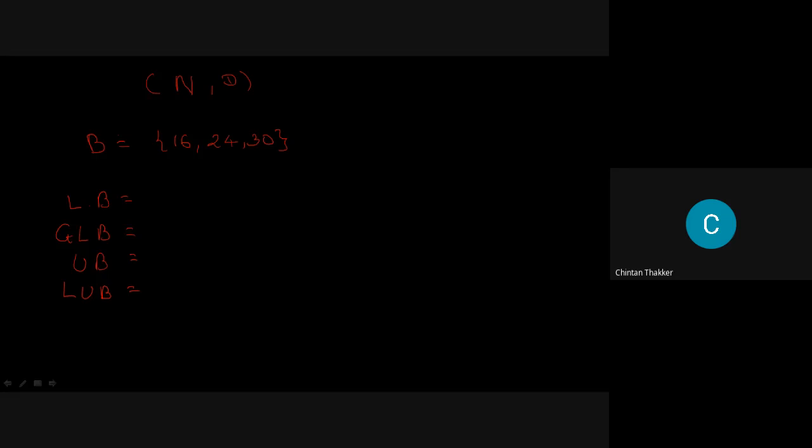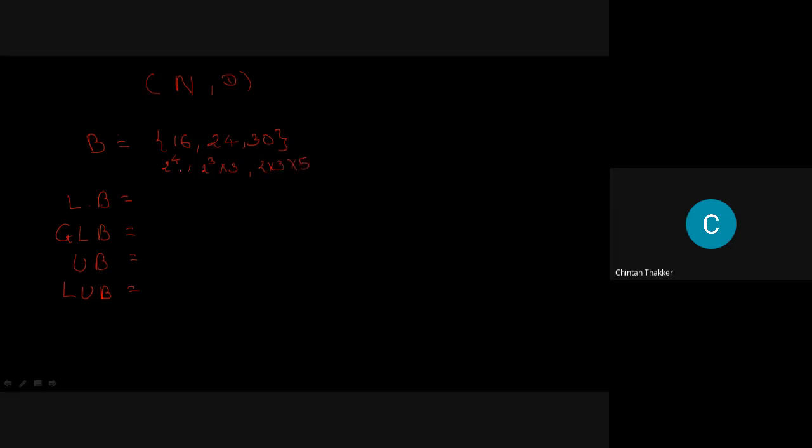So here, if you want to find the lower bound and upper bound, the simplest method is this: 16 is 2 raised to 4, 24 is 2 raised to 3 into 3, and 30 is 2 into 3 into 5.